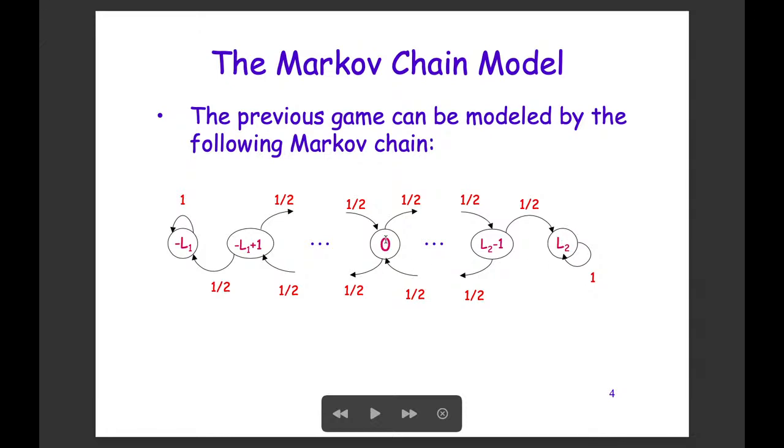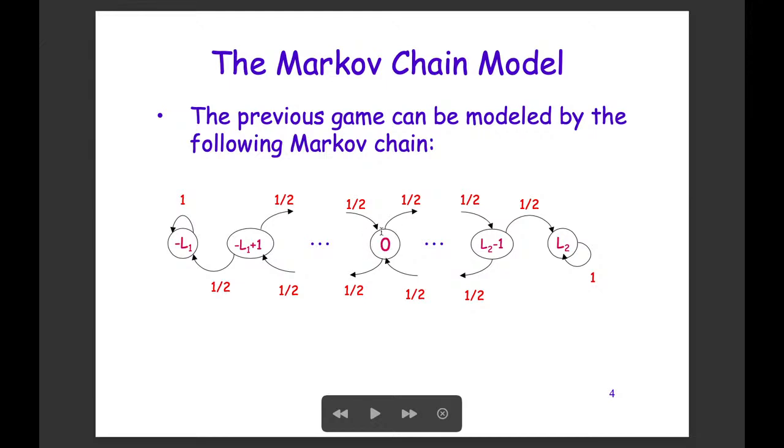On the other hand, if he loses money, it could be -1, -2, -3, up to minus L1. And if it reaches minus L1, it means that player one will have no money left and the game will also end.